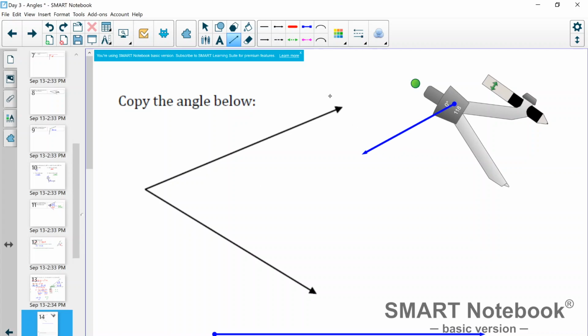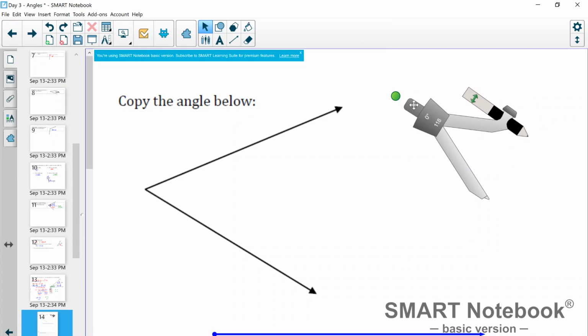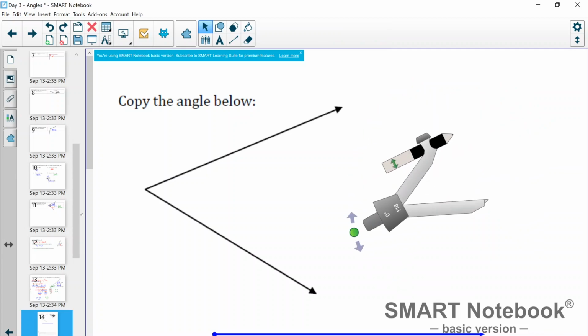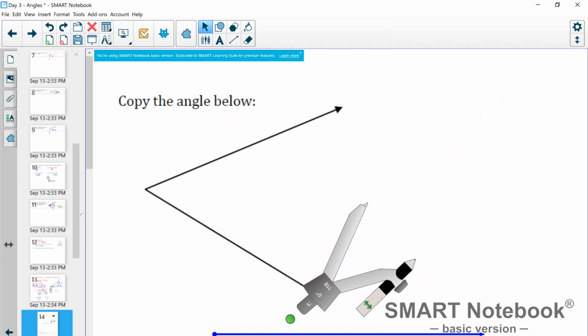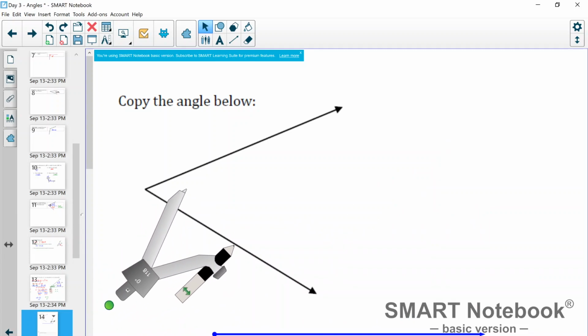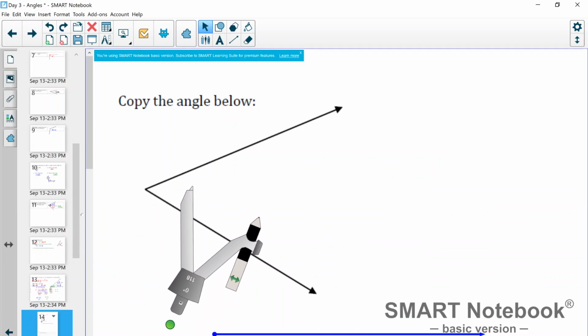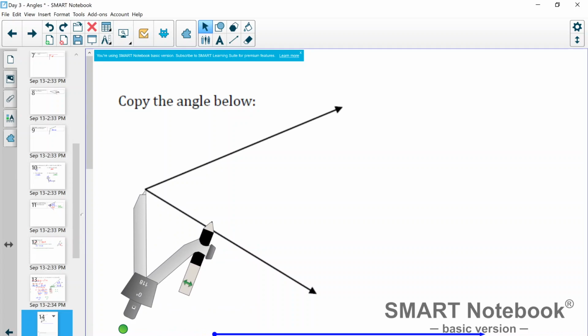Well, I want to get my compass, and I'm going to put the bullseye end, or the non-pencil end, on the vertex. And I'm going to open up the compass as far as I want. It really doesn't matter how far.